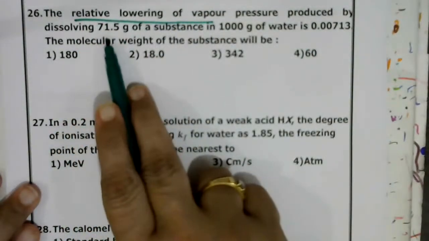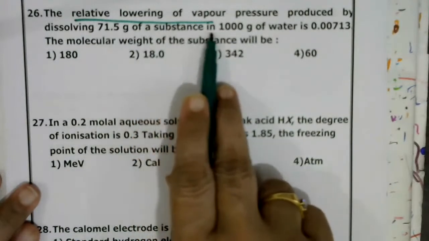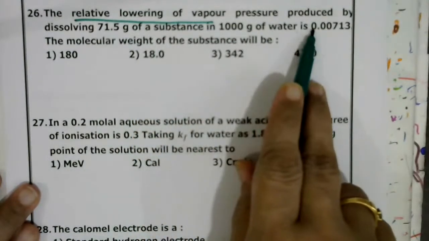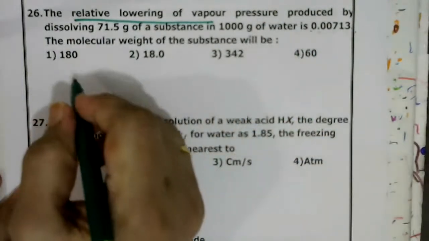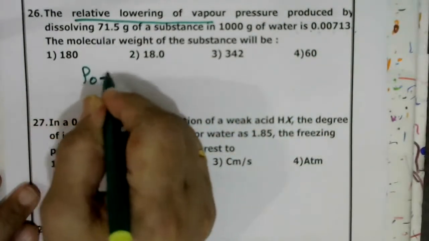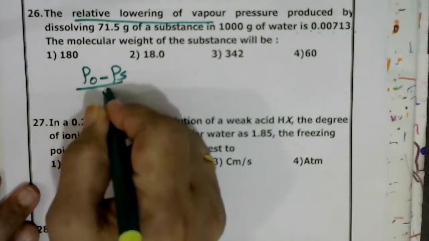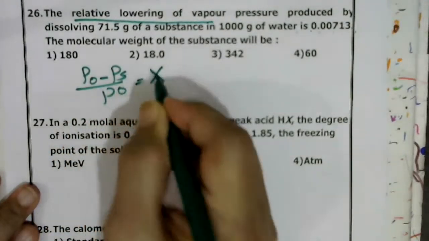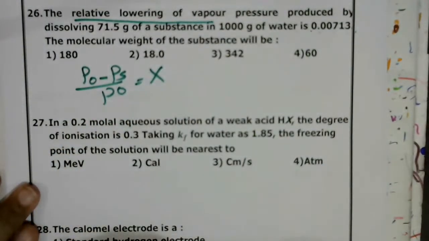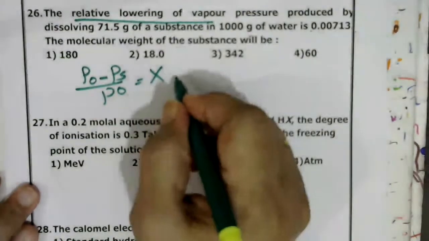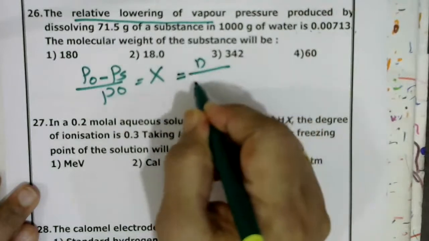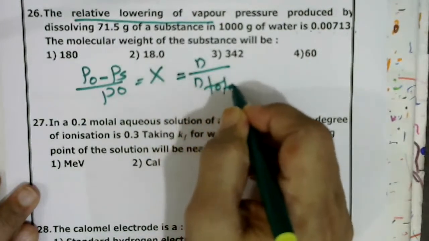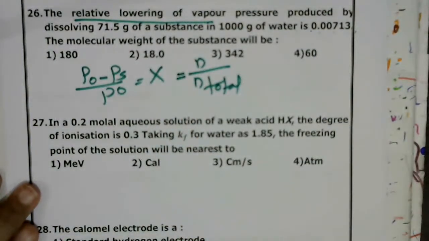Produced by dissolving 71.5 gram of a substance in 1000 grams of water, how much is the molecular weight of the substance? P0 minus PS divided by P0 is equal to mole fraction. Mole fraction is nothing but the number of moles of the solute divided by total number of moles.